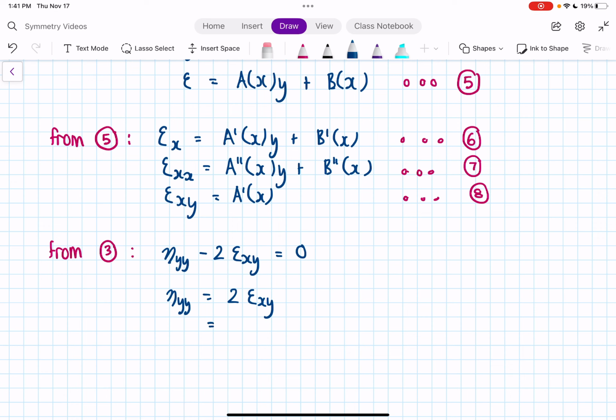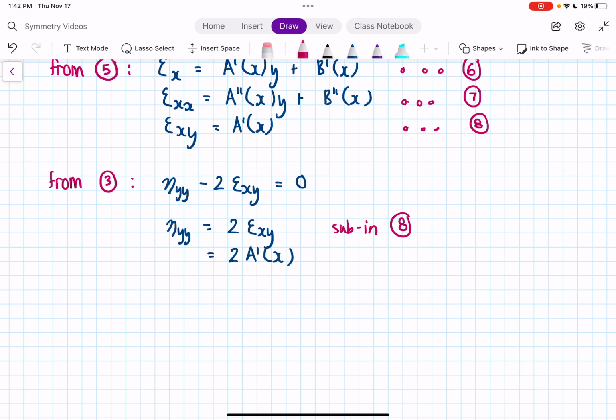that this is equal to, because we are going to substitute 8 in there. And so we will now have a means to integrate to get my eta. So let's do that.